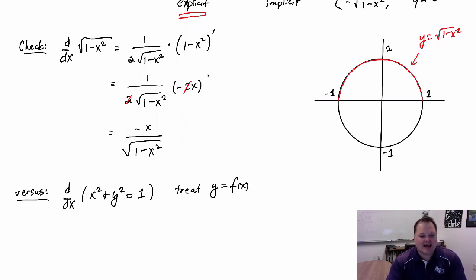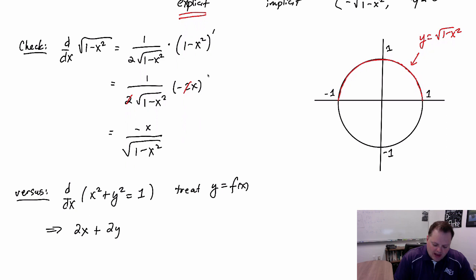But rather than write f of x squared in the problem, I'm just going to keep y and understand that anytime I differentiate a y term, I have to multiply by y prime. I have to multiply by that function's derivative because of the chain rule. So distributing the derivative across, we've got the derivative of x squared, which is 2x, plus the derivative of y squared, which is 2y, but times the inner derivative, which is y prime.